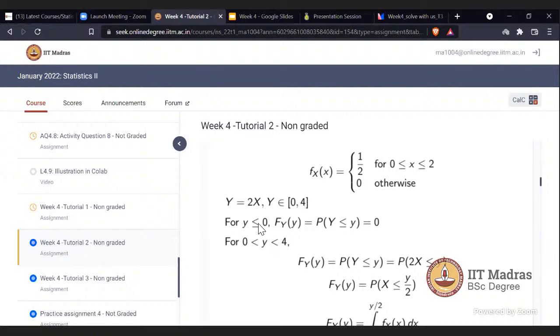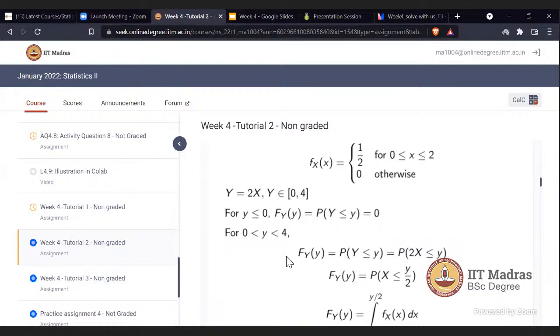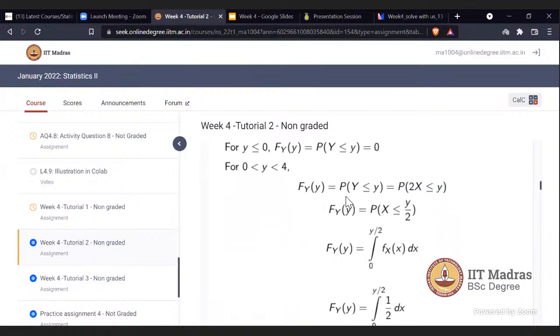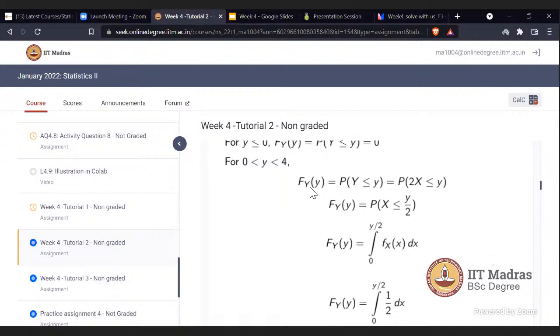For y less than or equal to 0, fy of y will be 0, because the range of y is 0 to 4. Now if y lies between 0 to 4, fy of y is the probability that Y is less than or equal to y. Since Y is 2x, 2x is less than or equal to y, so x is less than or equal to y by 2.